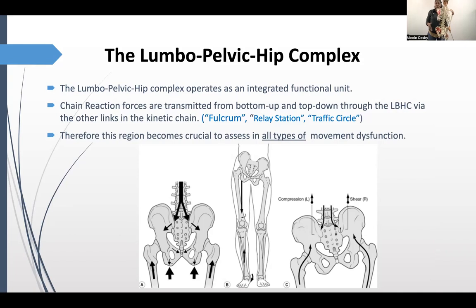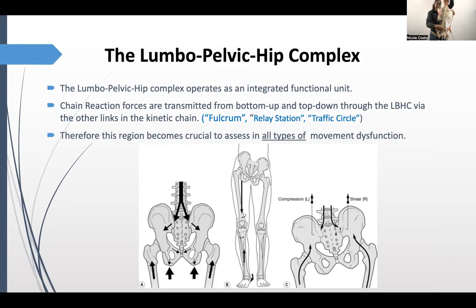But then we also have these ground reactional forces that are being transferred from the lower limb to the upper extremity. And most of those forces, whether they're coming from the proximal portion, the head resting on the cervical spine, or from the distal segment where the foot is in contact with the ground, really converge at a joint central to everything.